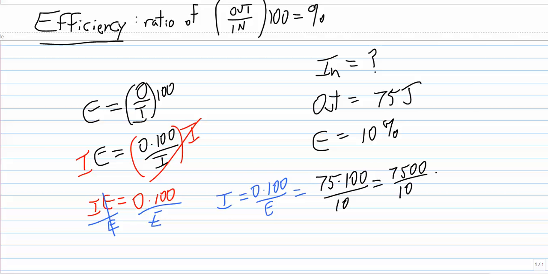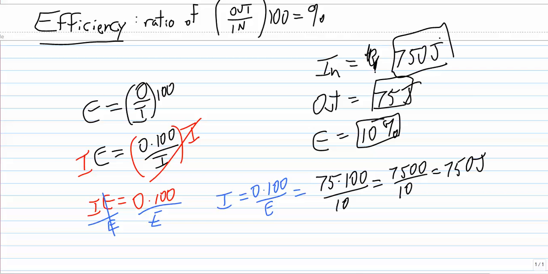Divided by 10 is 750 joules. So if you got 75 joules worth of work out of a 10% efficient machine, then how much fuel must you have put into it? You must have put in 750 joules. Maybe this is a problem you could have done in your head without a calculator, but there you go. There's an example of solving some efficiency problems.